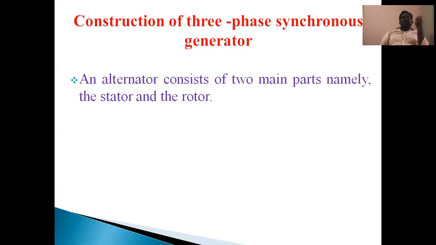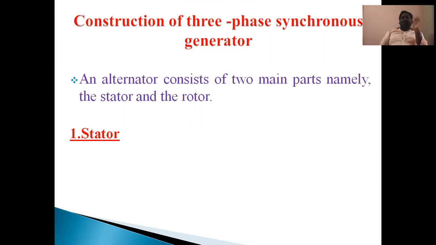In the case of a three-phase synchronous generator, the stator carries the armature winding. The stator is nothing but a stationary part. In that stator, the armature winding is there. That means the conductors are located in the stator of the three-phase synchronous generator.